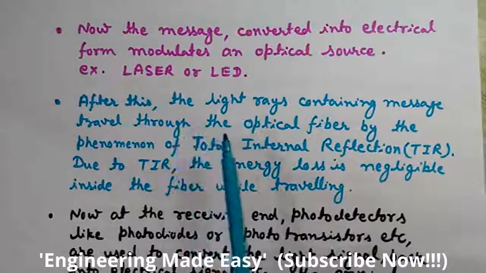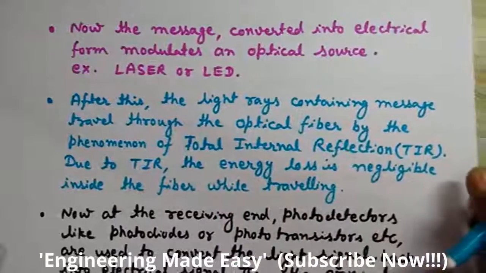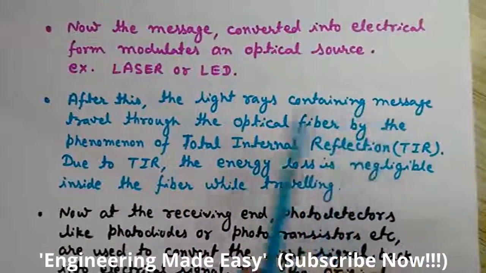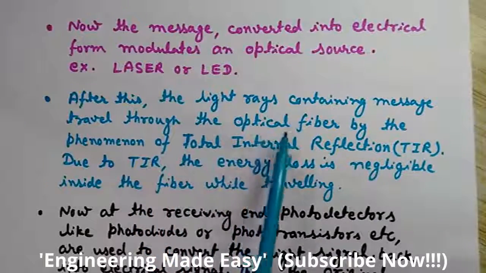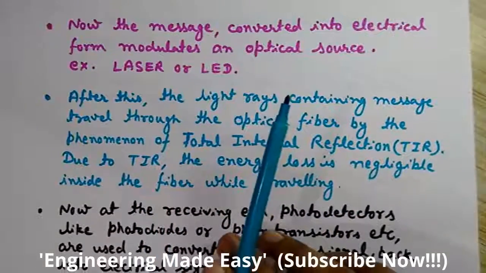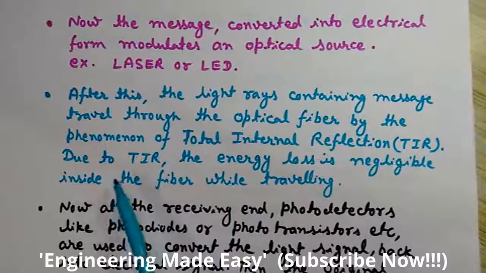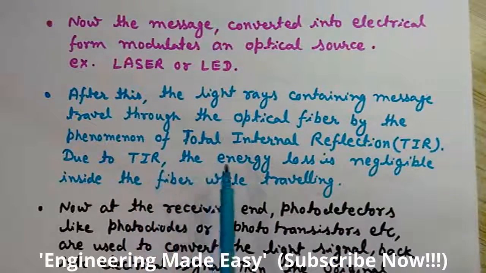Okay, after this, the light rays which contain the message travel through the optical fiber by the phenomenon of total internal reflection, as we have studied. Due to TIR, the energy loss is negligible inside the fiber while traveling.